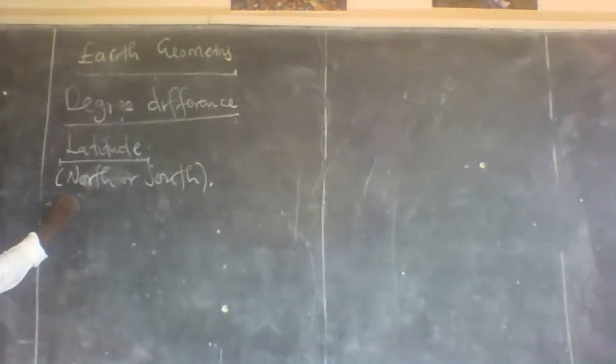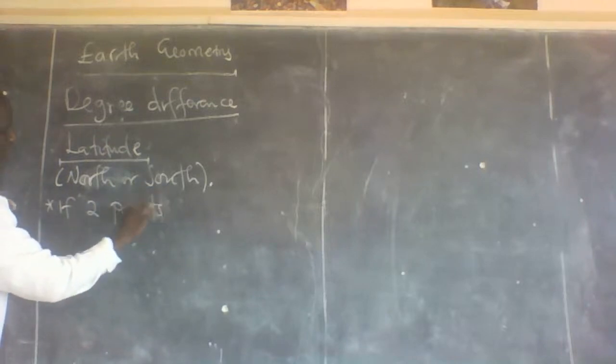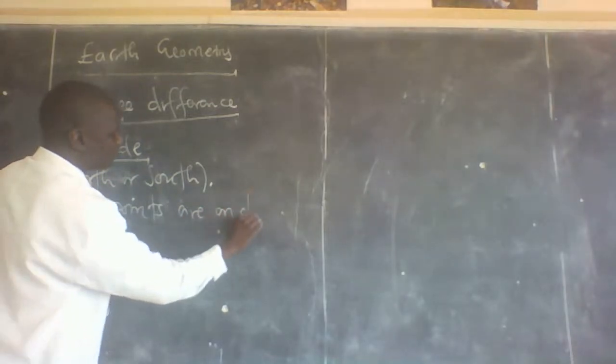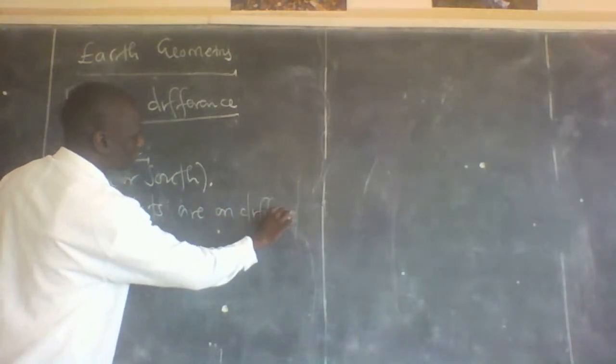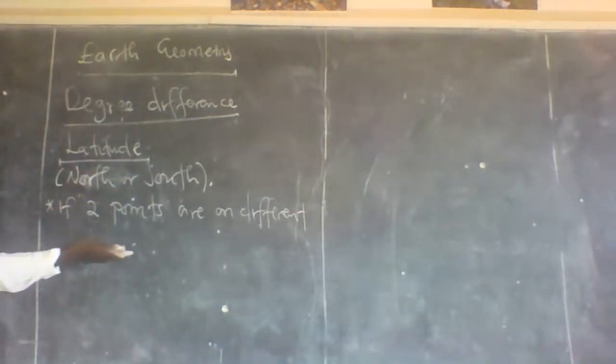So we say if two points are on different hemispheres. We're talking about the latitude, so we're going to have the northern hemisphere and the southern hemisphere.